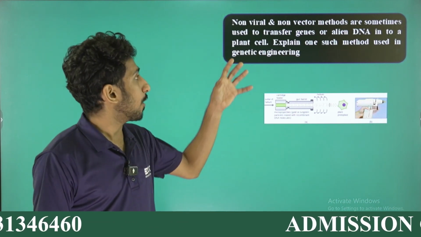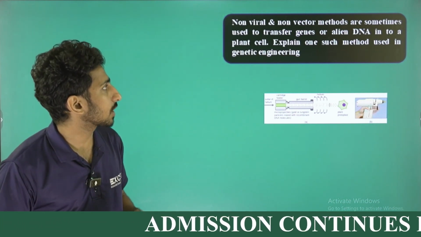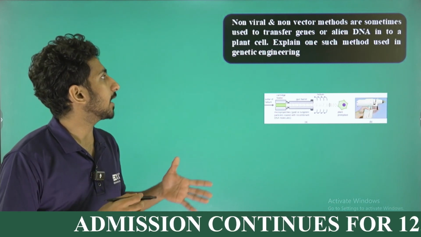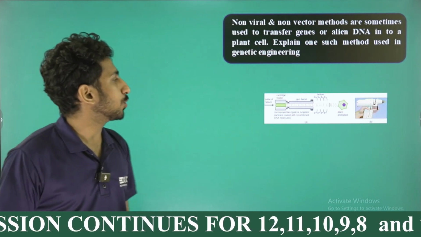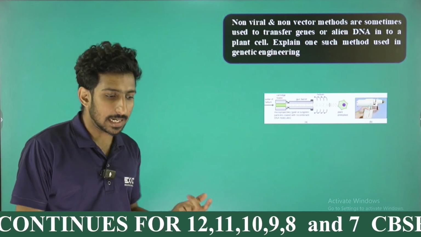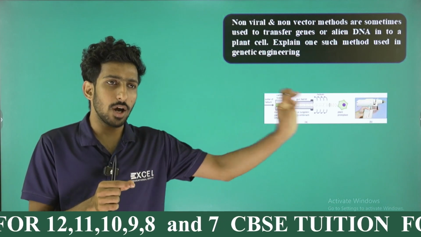Next question. Non-viral and non-vector methods are sometimes used to transfer gene or alien DNA into the plant cell. Explain one such method used in genetic engineering. In genetic engineering, there are many methods to transfer foreign DNA into a host cell.